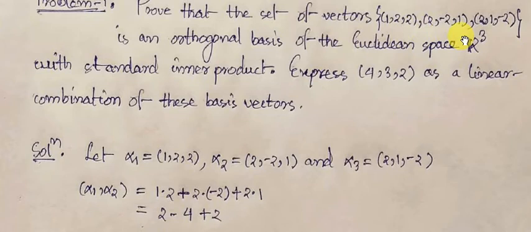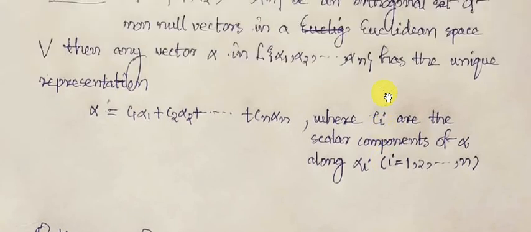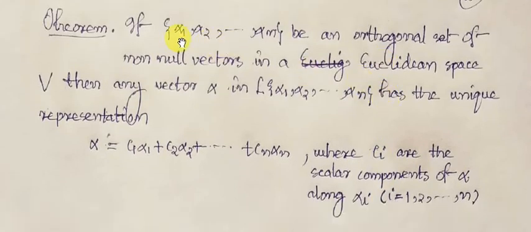Let us recapitulate the theorem we learned in the previous class. For any orthogonal collection of vectors, if we consider the linear span of that collection, any vector from it can be written as a linear combination of the vectors forming the orthogonal collection, and these scalar coefficients are the components of this vector alpha along the corresponding vectors.